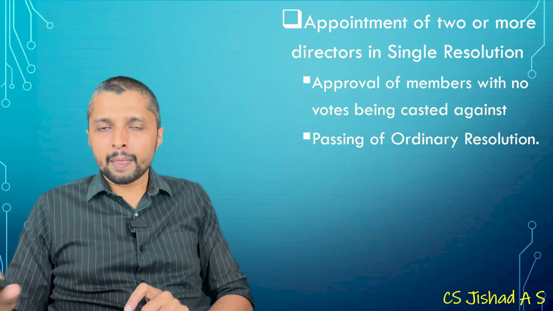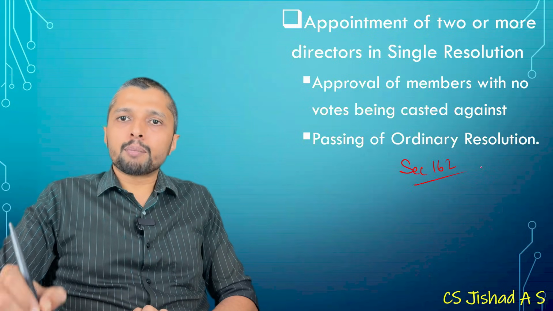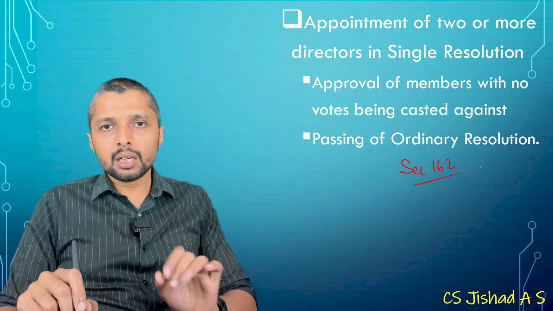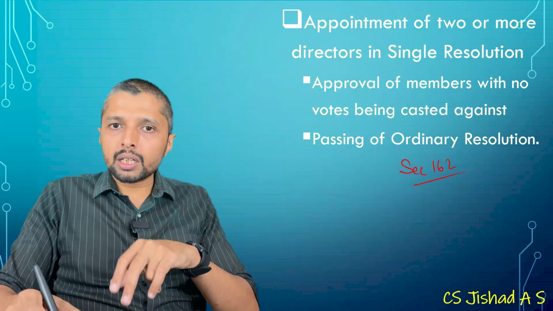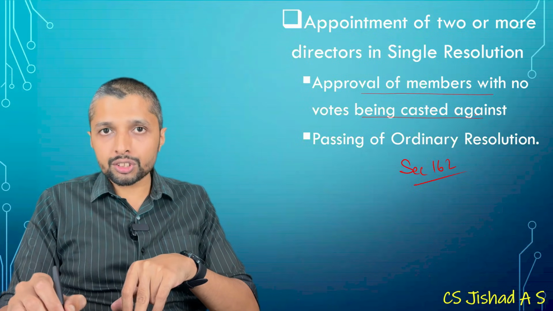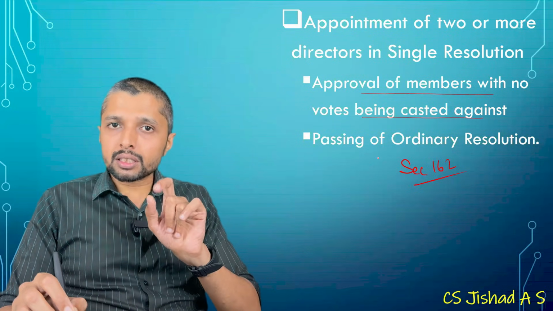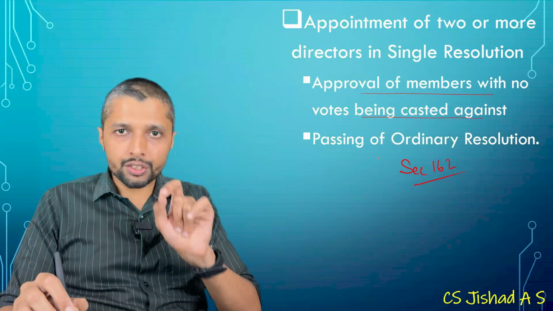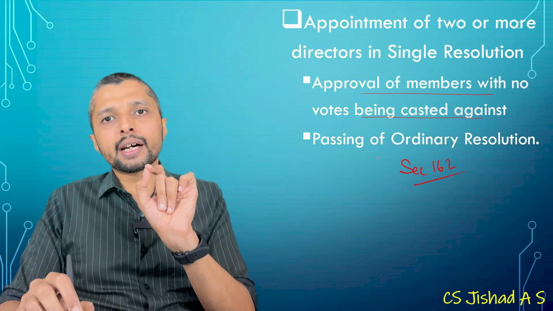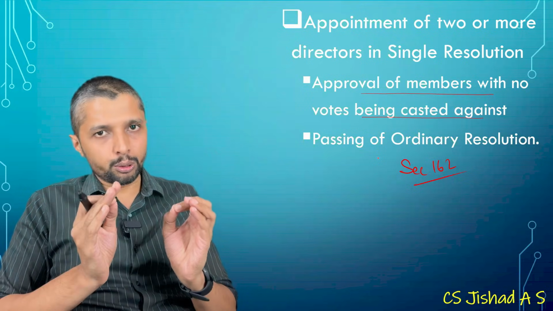Then section 162 specifies appointment of 2 or more directors in a single resolution, which is not possible, but which can be made possible by getting the approval of members with no votes being cast against and passing of an ordinary resolution. If you want to appoint directors in a general meeting, this is not the case of a board meeting, they have to be appointed by separate resolutions.